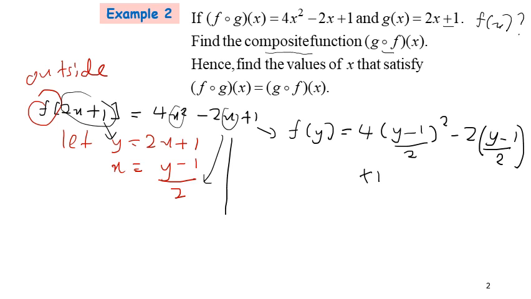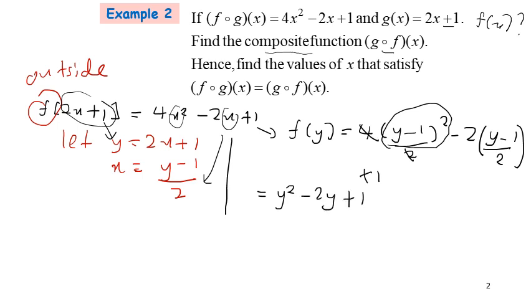So this one you need to expand. 2 squared is 4, so the 4 we can eliminate with the 4 outside. So we just focus on y minus 1 squared. This will become y squared minus 2y plus 1.